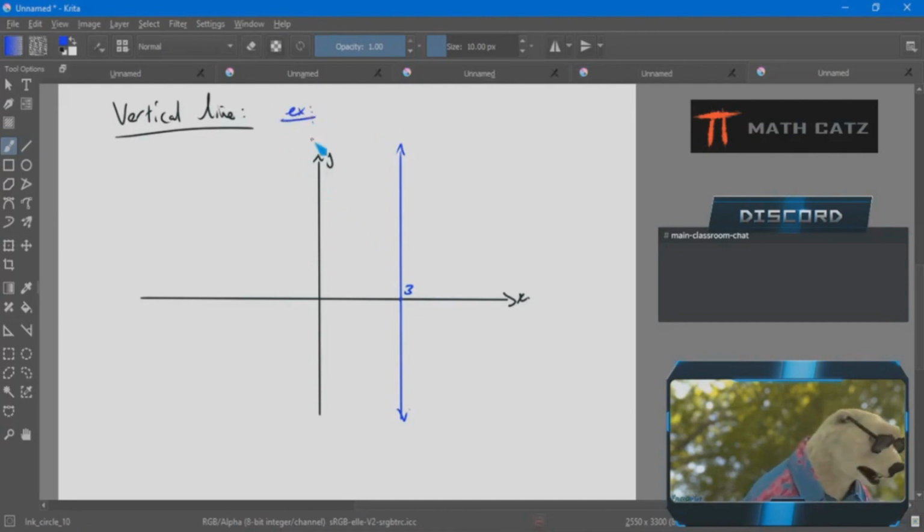That's just an example. It could be many, many different lines. This one's different. This one has the same argument in that regardless of the y value, the x value is always 3. So my equation has to be x equal to 3.